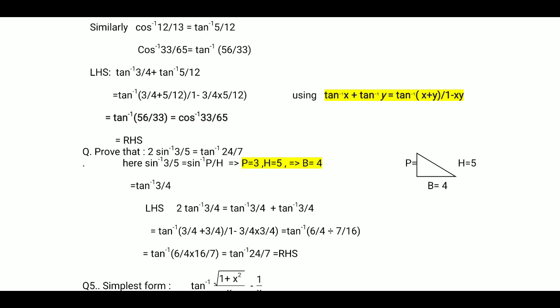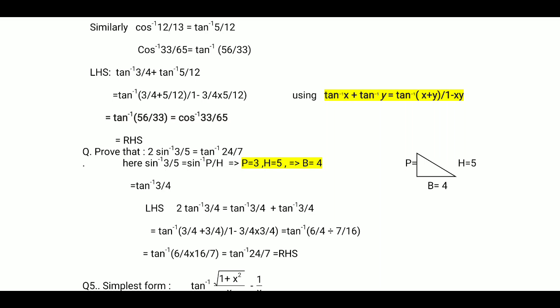Now you can use the formula 2 tan inverse x also, or tan inverse 3 by 4 plus tan inverse 3 by 4, and apply the formula tan inverse x plus tan inverse y. In place of x and y there is 3 by 4. So this becomes tan inverse 3 by 4 plus 3 by 4 upon 1 minus 3 by 4 into 3 by 4. That is tan inverse 6 by 4 divided by 7 by 16.